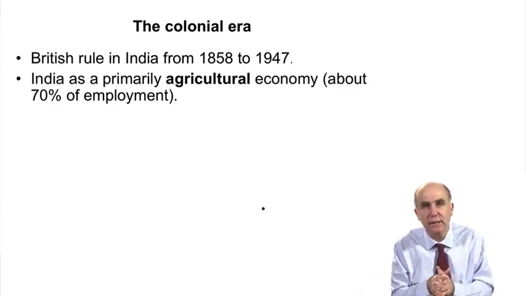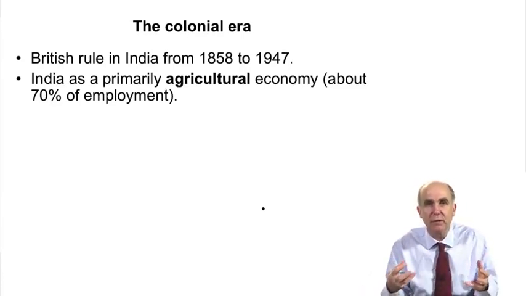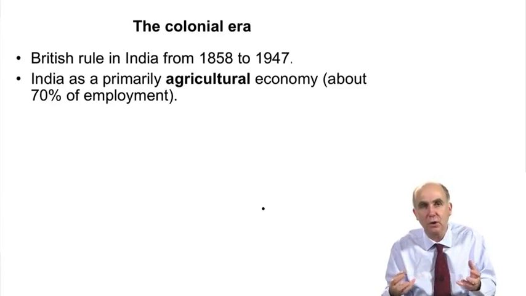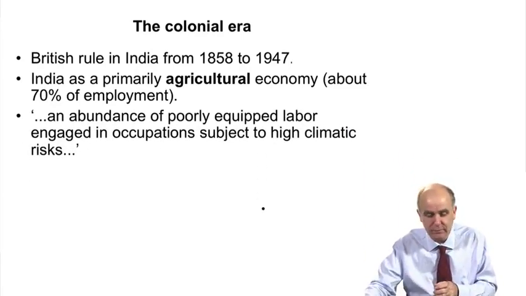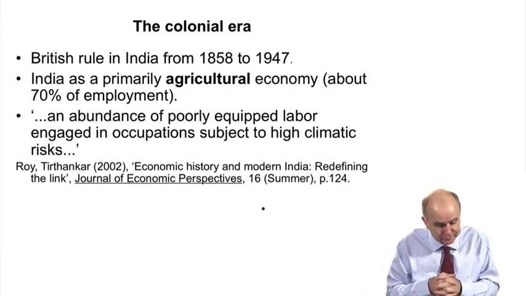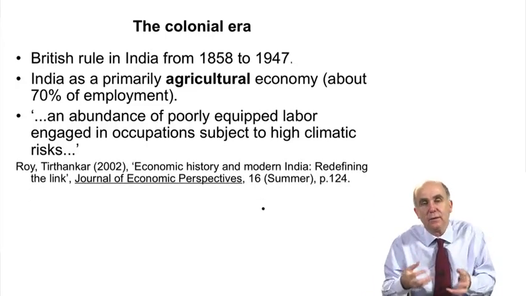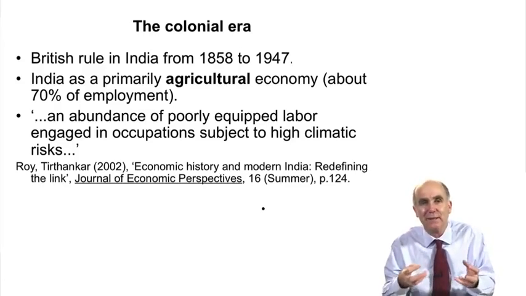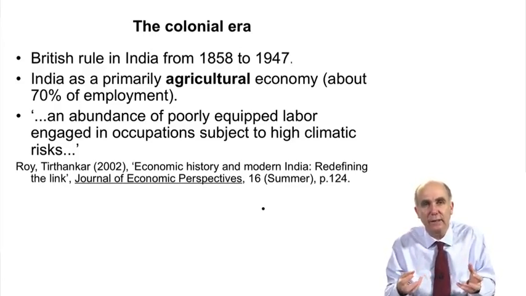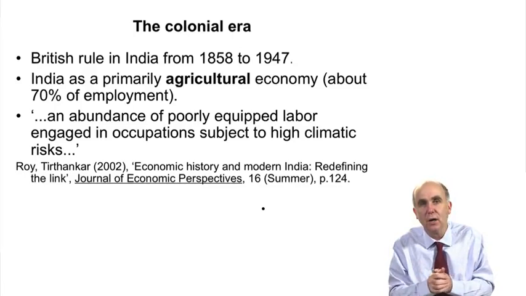As we've just seen, India during that period was primarily an agricultural economy with about 70% of its employment in agriculture. And Tirthankar Roy, leading Indian economic historian, has described the fundamental nature of economic activity at this time as being an abundance of poorly equipped labour engaged in occupations subject to high climatic risks.